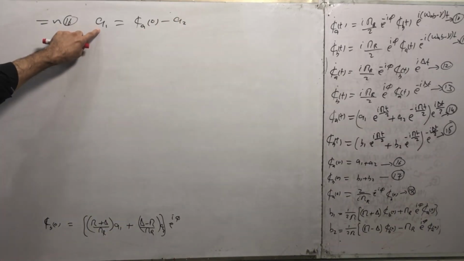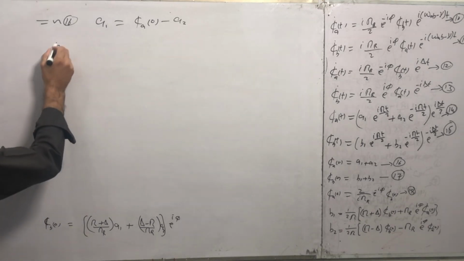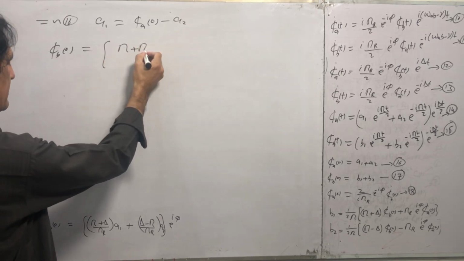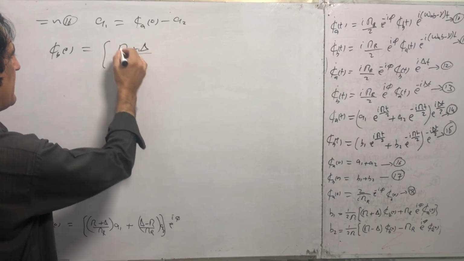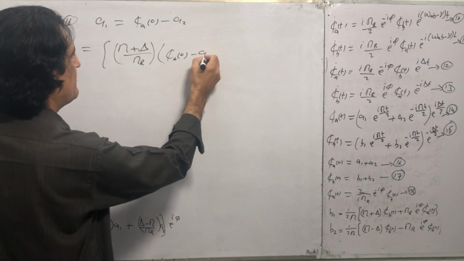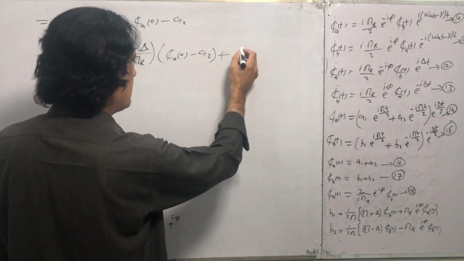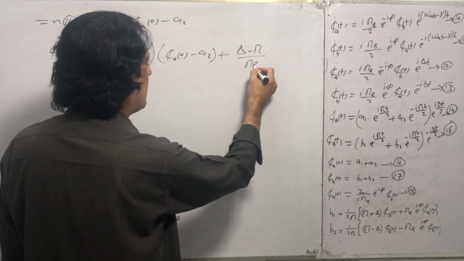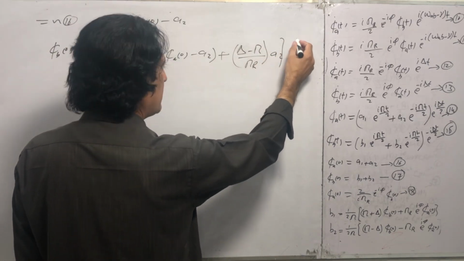Putting the value of A1 in this equation, this equation becomes omega plus delta divided by omega r, and the value of this is CA of 0 minus A2, plus delta minus omega divided by omega r, A2 and e to the power iota phi.